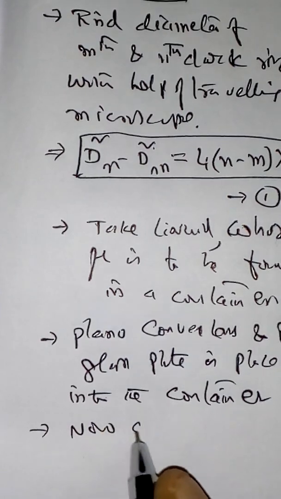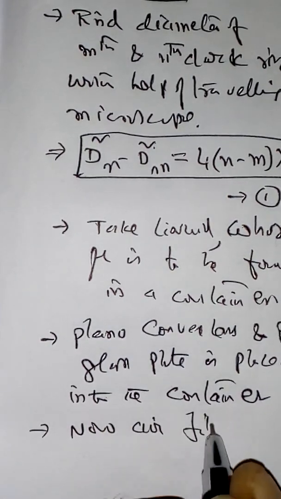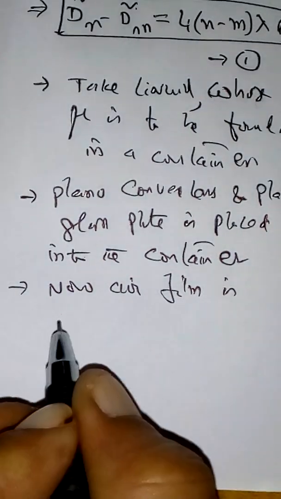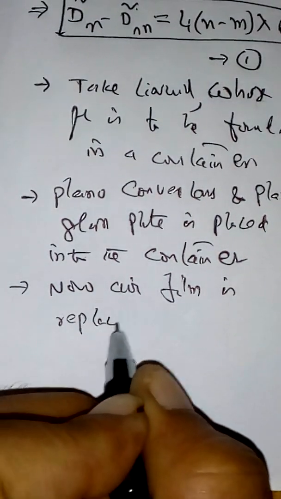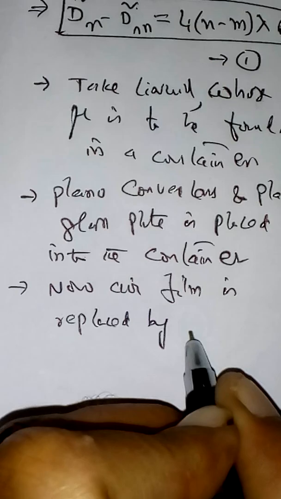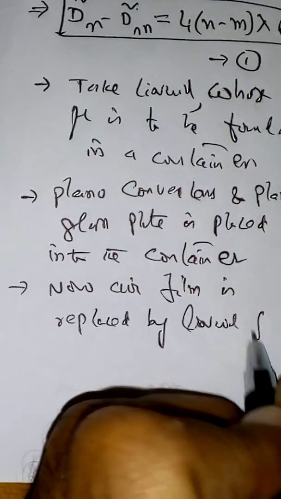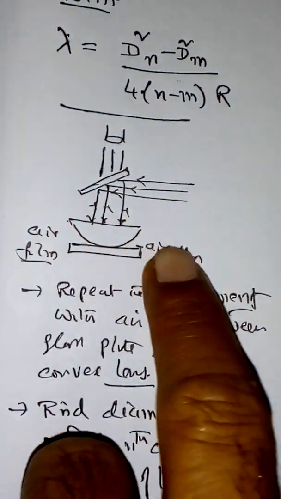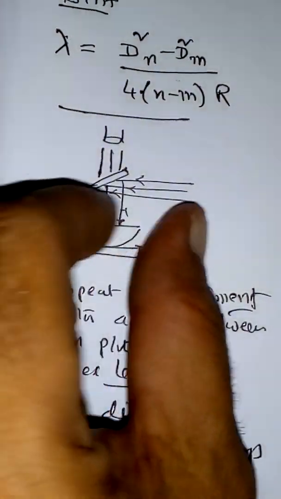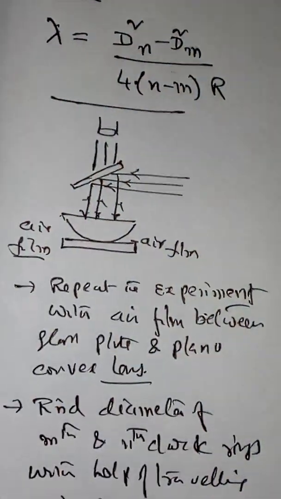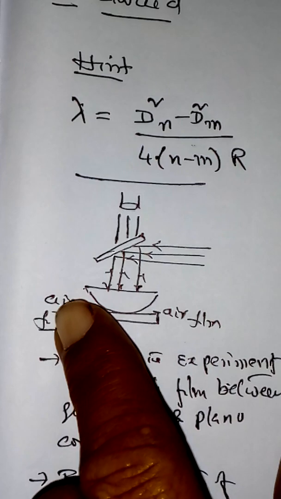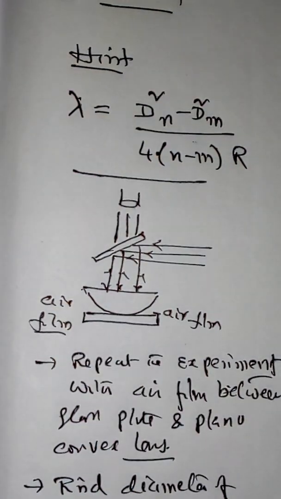Now the air film is replaced by a liquid film. That means the same setup where you had an air film earlier, put this part inside the liquid in a container, so that the air film is replaced by a liquid film, and conduct the same experiment.